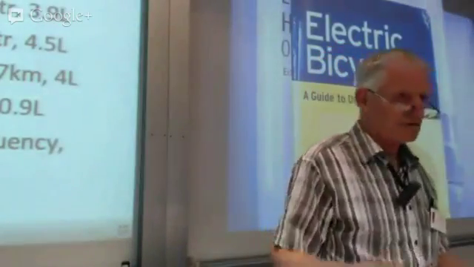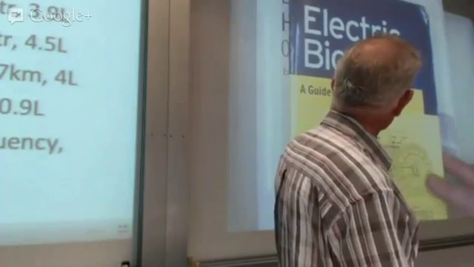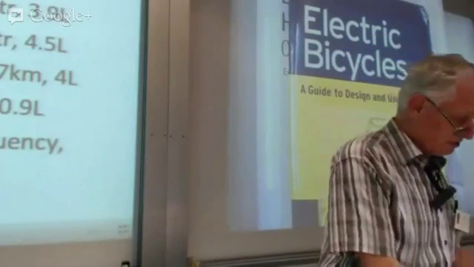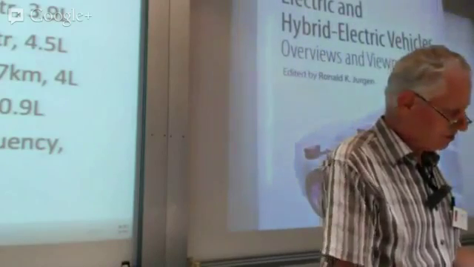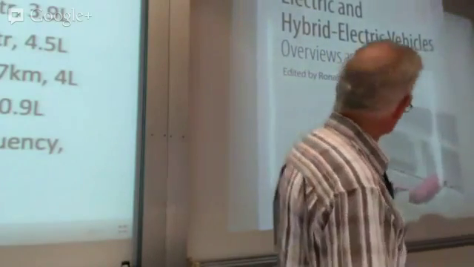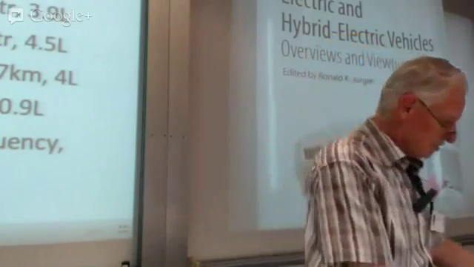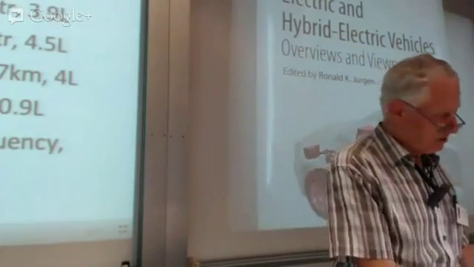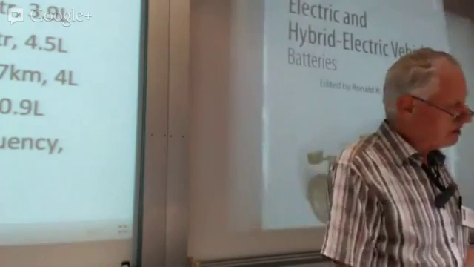These are some books I got from the library. This one here is Electric Bicycles: A Guide to Design and Use. Fairly recent book, in the middle 2000s, 2005 or something. And there's a series of these ones here, electric and hybrid electric vehicles. There's actually 5 in this whole set, but this one here, overviews of viewpoints, is a starting point.